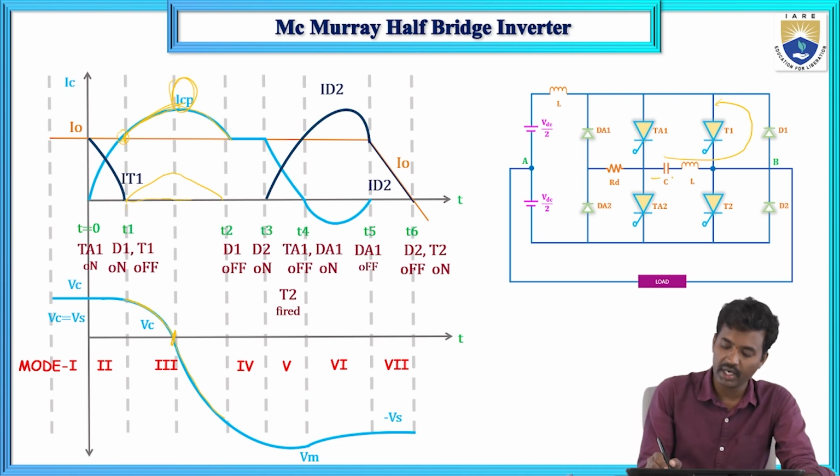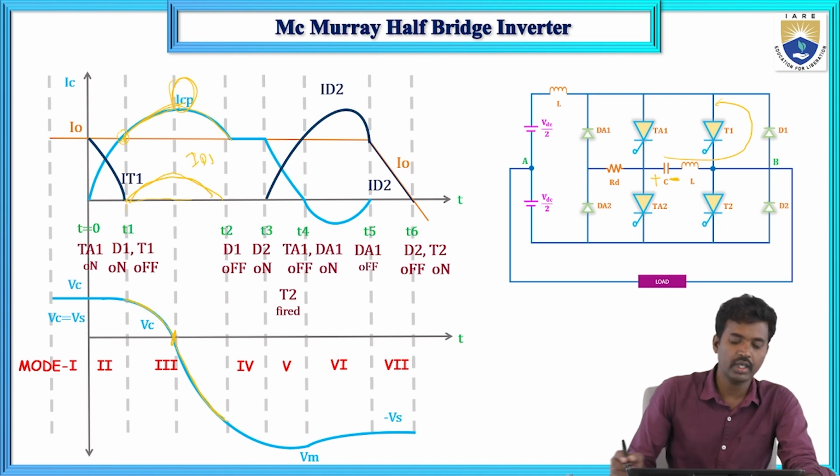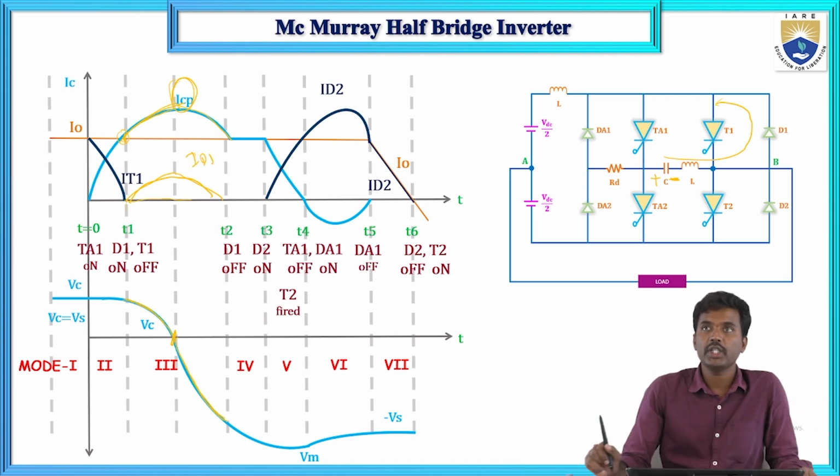The capacitor charges in the reverse direction: earlier it was plus and minus, now it is the opposite, so it is minus Vs. This is the diode D1 current. Now, one question here.